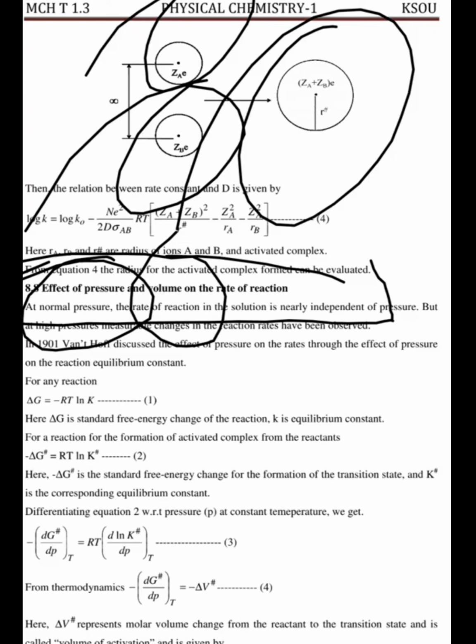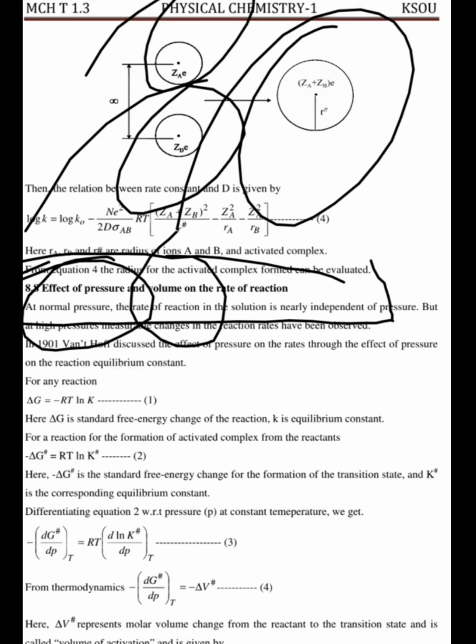If it is in solution, it won't depend on the pressure. As the pressure varies, the rate of reaction will not vary. But at high pressure, measurable changes in the reaction rate have been observed. With high pressure, the reaction rate varies.